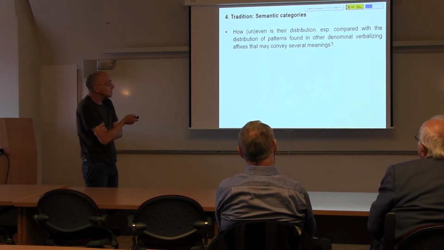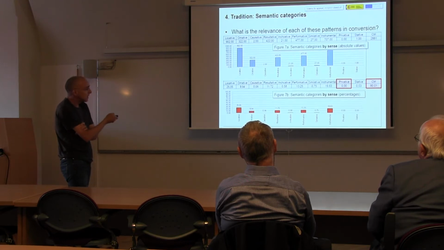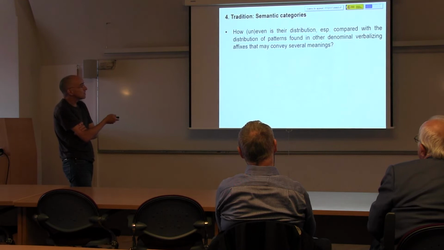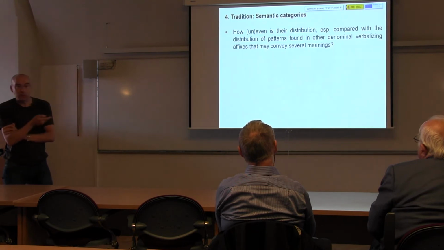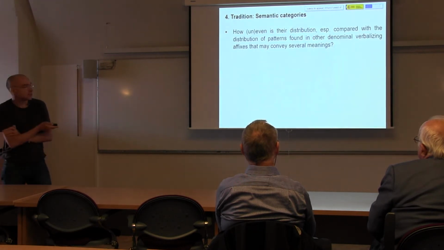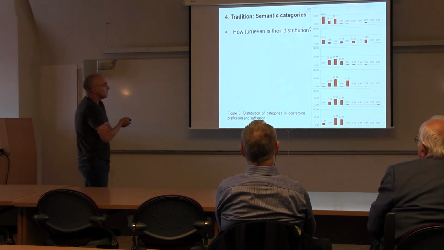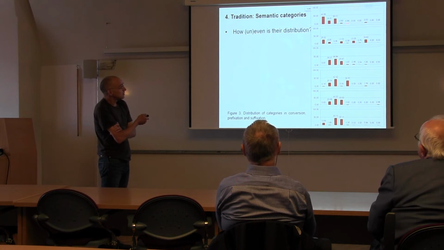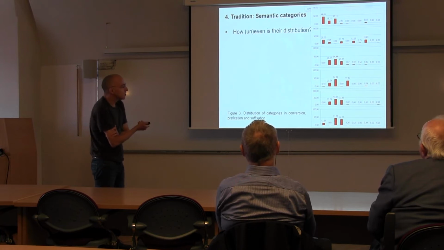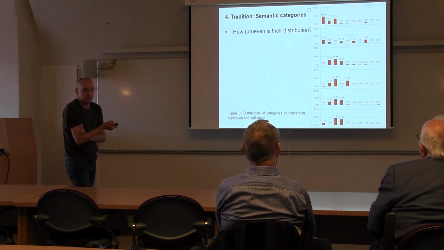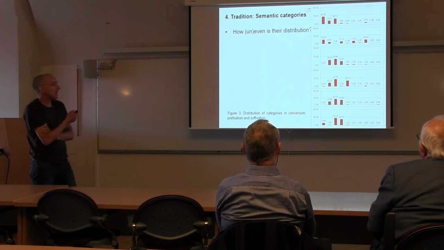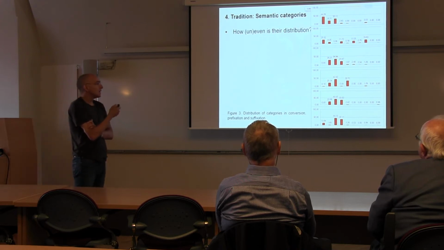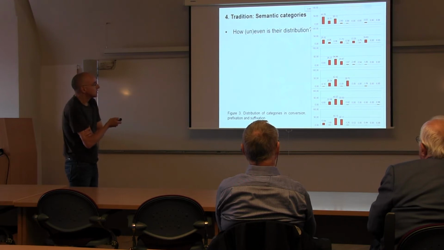How uneven is the distribution of these patterns that I present here by senses in the case of conversion compared with instances of standard affixation? These 5 charts represent conversion, en prefixation, and then 4 different types of affixation by aid, en, ifi, and eyes.